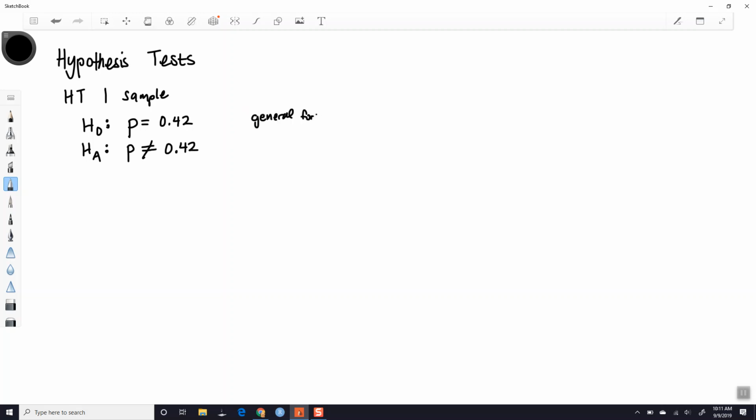The general form would be p is equal to some number p0. Again, the alternative can have a greater than or a less than or not equal to sign depending on the question.